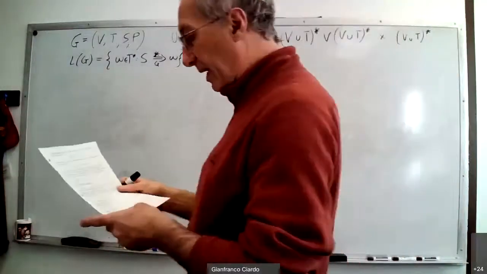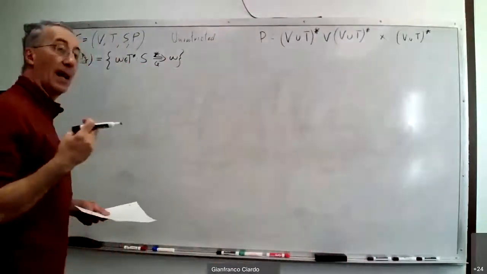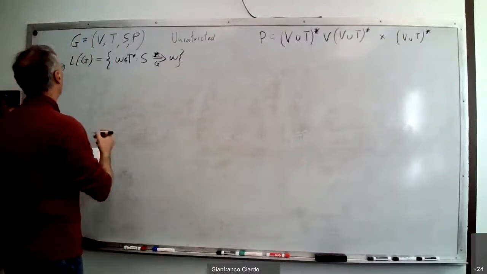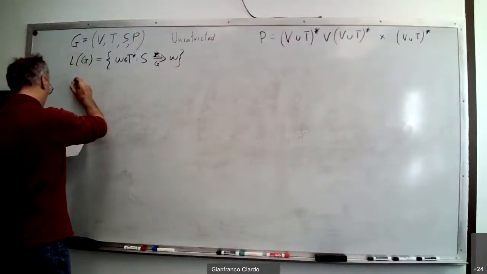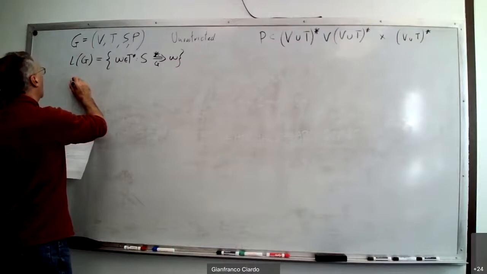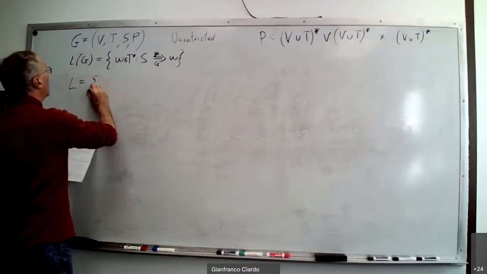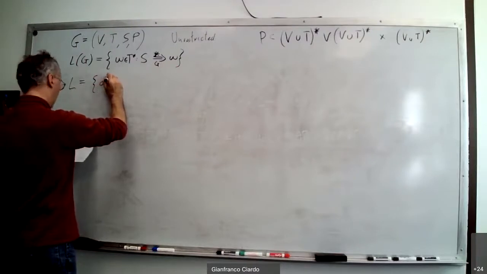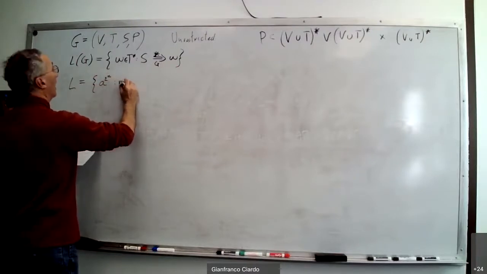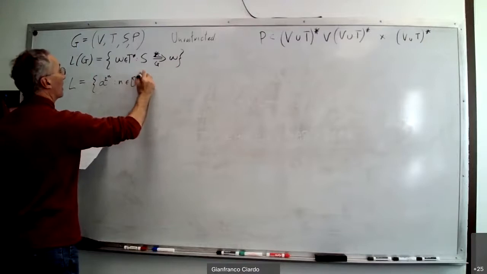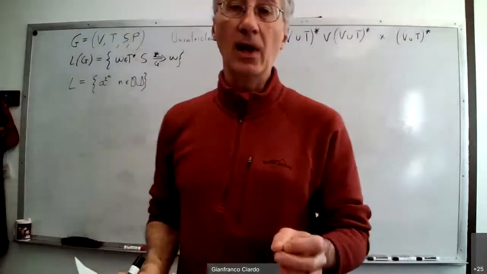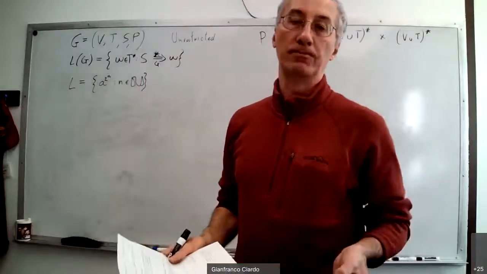So let's do another one, which will show another type of trick that is very common in unrestricted grammars. I want to generate L equals A to the 2 to the n, where n is a natural number. In other words, I want to generate strings of A's whose length is a power of 2.